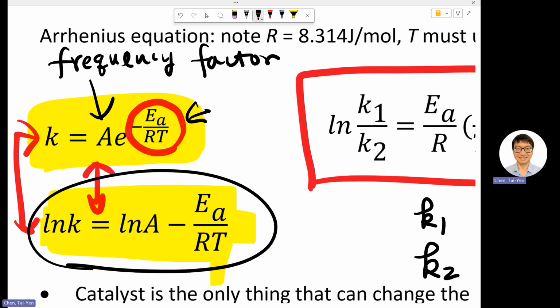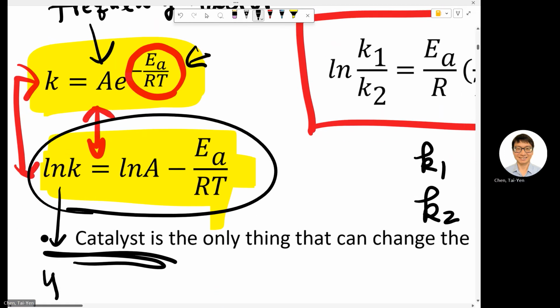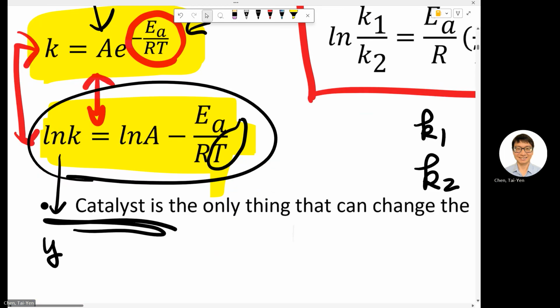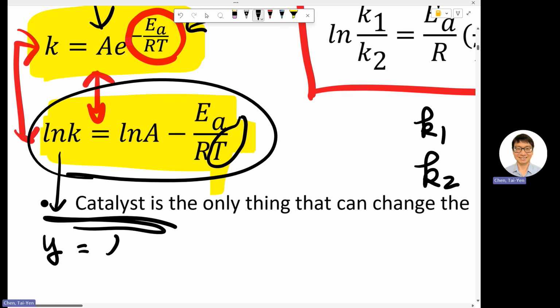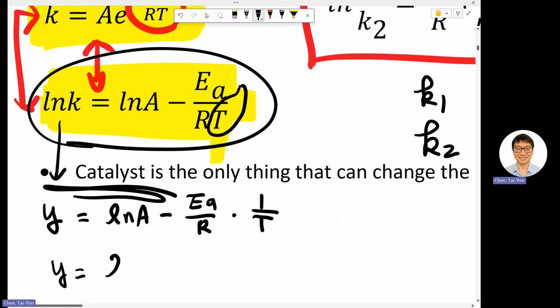So this will be the equation you're going to use. If you look at this equation, this is your y-axis, and your x-axis is 1/T. I can write this as y equals natural log A minus EA over R times 1/T, and 1/T is your x. So y equals natural log A minus EA over R times x.